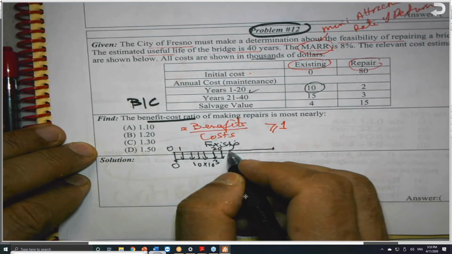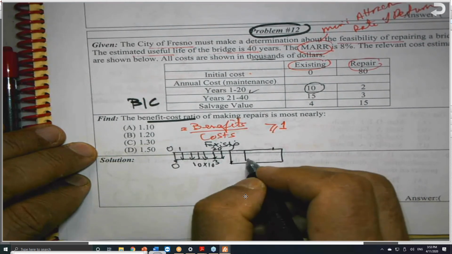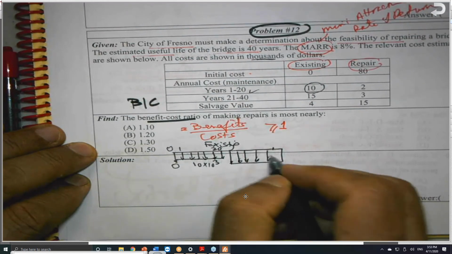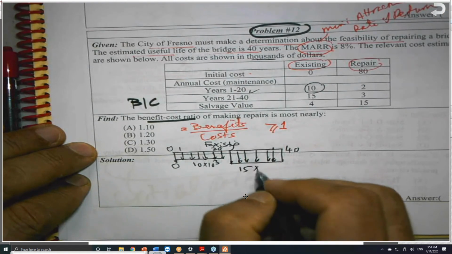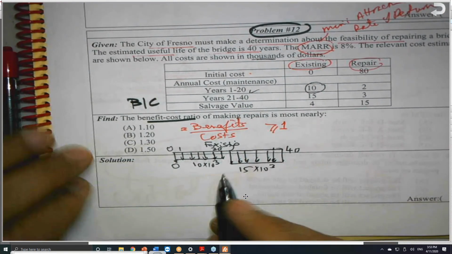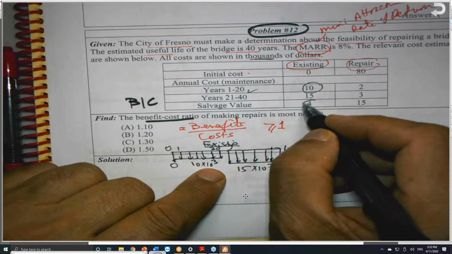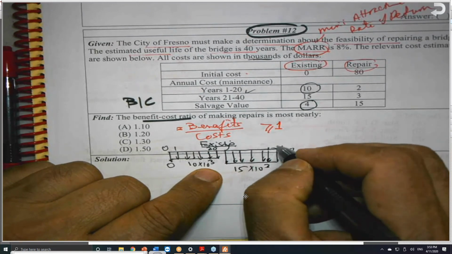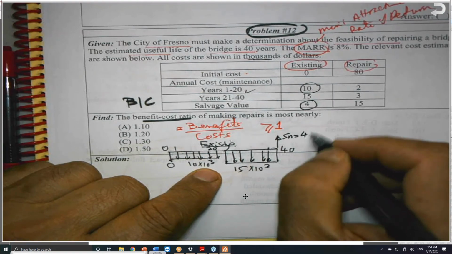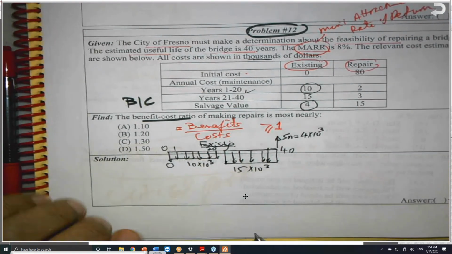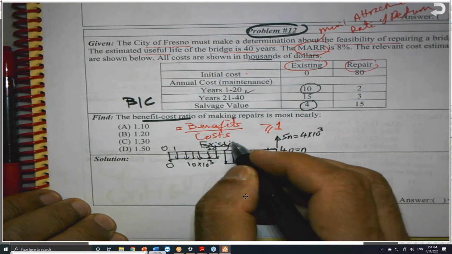And from year 21 all the way to 40, the cost will go up to 15 times 10 to the power 3 every year. I still have one more thing, which is the salvage value at the end, S_N, equal to 4 times 10 to the power 3, 4,000, at year 40, which is N. This is the cash flow diagram for the existing.